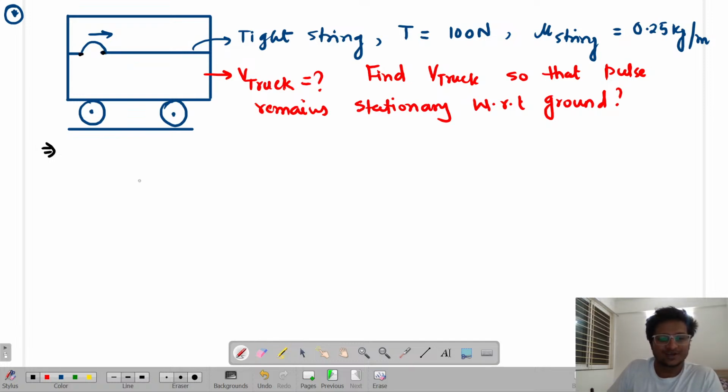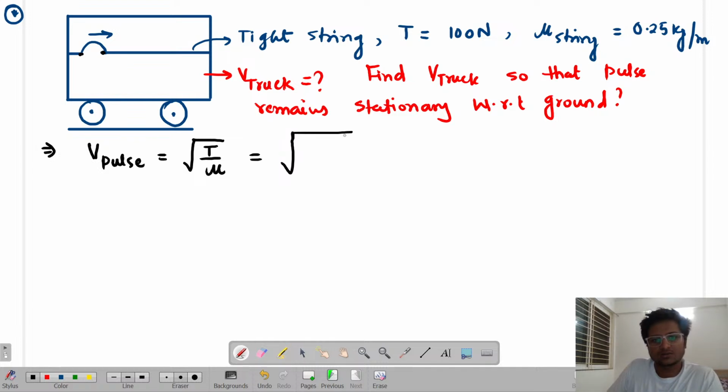Okay, so look over here. Try to see. Is it coming 20? Let me check. First of all, the velocity of pulse will be how much? Root under T by mu, isn't it? So the tension is provided to you.